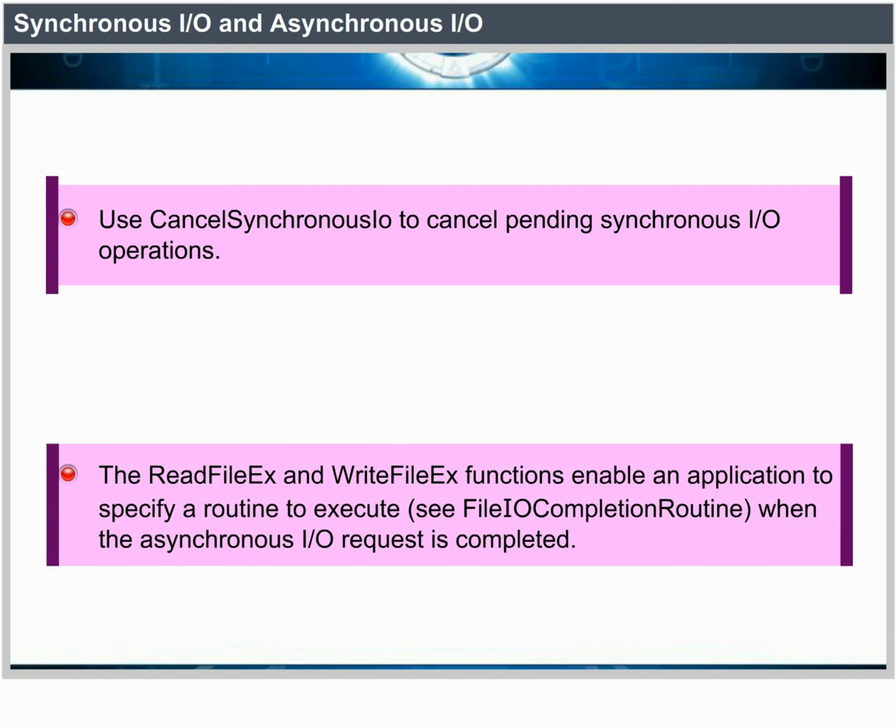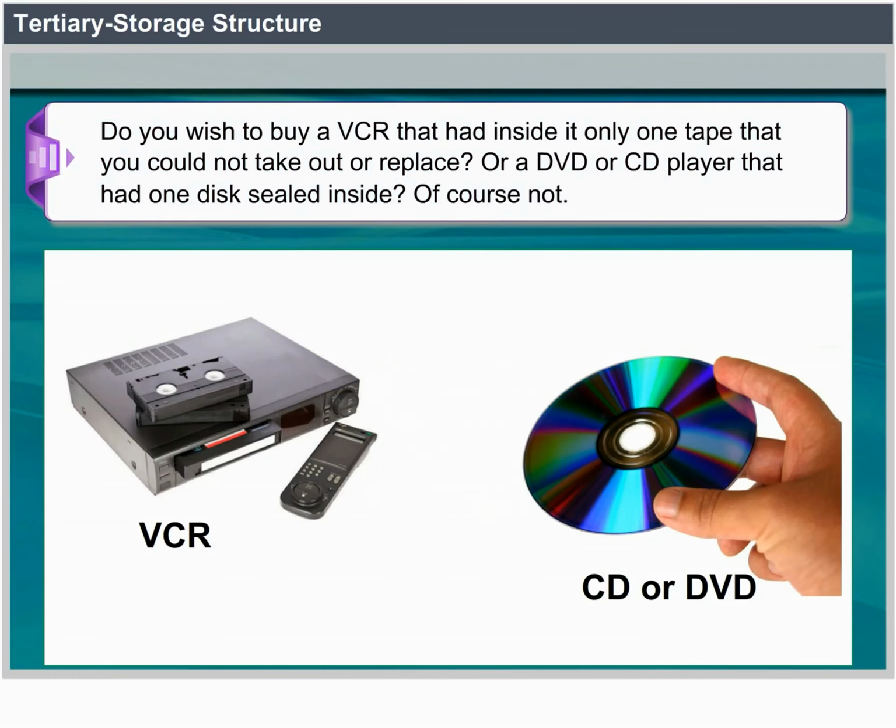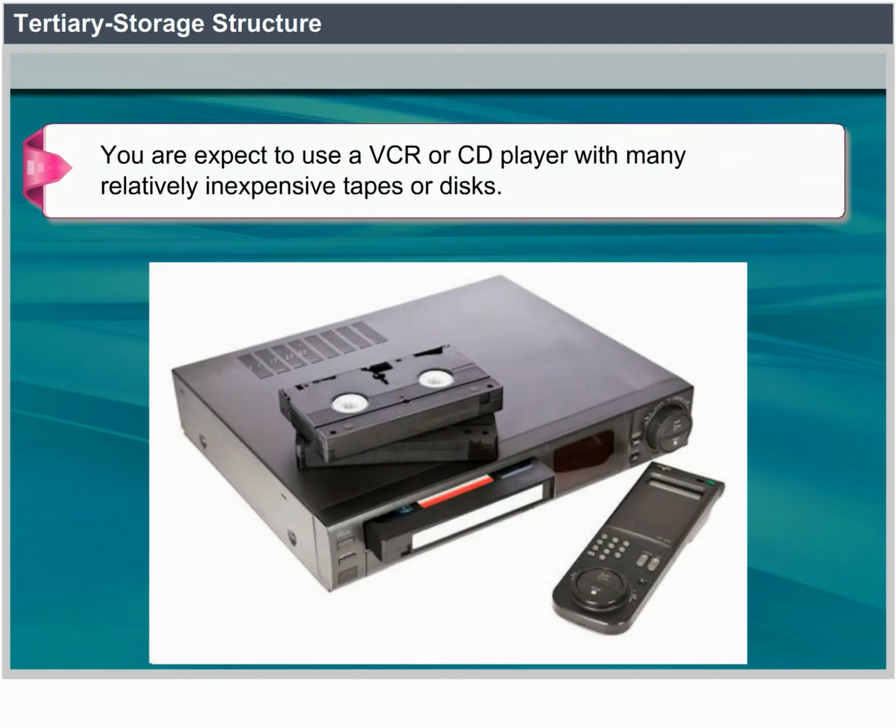Tertiary storage structure. Would you buy a VCR that had inside it only one tape that you could not take out or replace? Or a DVD or CD player that had one disc sealed inside? Of course not. You expect to use a VCR or CD player with many relatively inexpensive tapes or discs. On a computer as well, using many inexpensive cartridges with one drive lowers the overall cost.